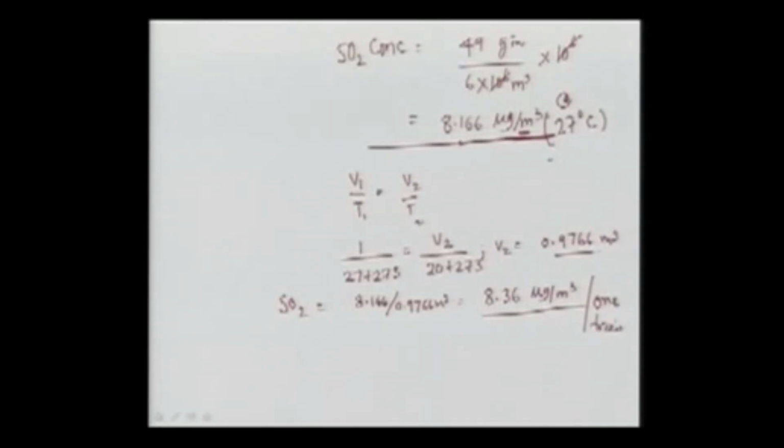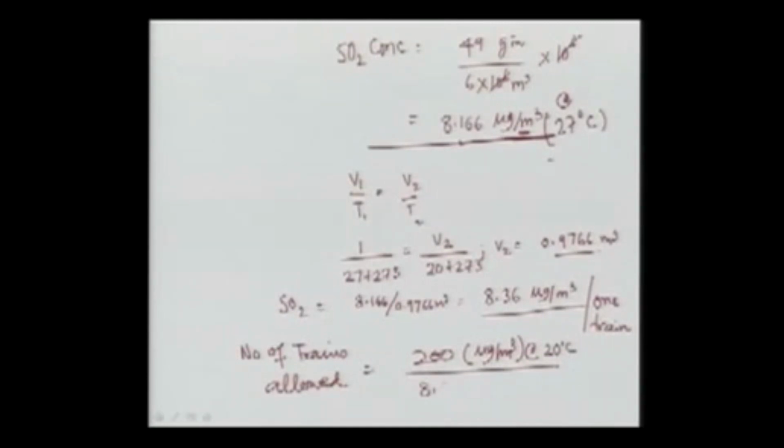So the number of trains allowed will be 200, that was my standard that I have to meet, at 20 degrees Celsius, and the concentration caused by one train was 8.36 micrograms per meter cube.